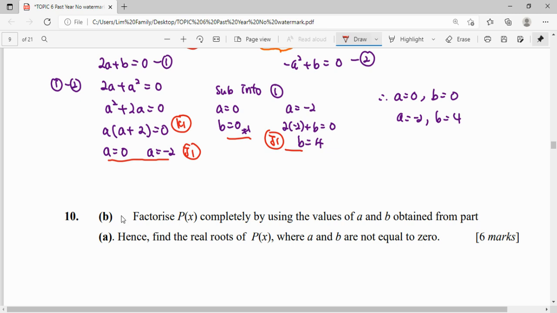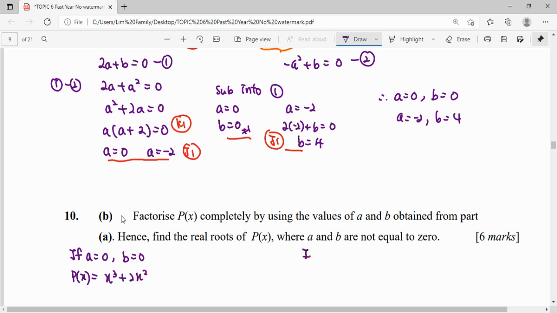For the first part of the answer, if my a equals 0 and b equals 0, the polynomial that I get here will be x cubed plus 2x squared.